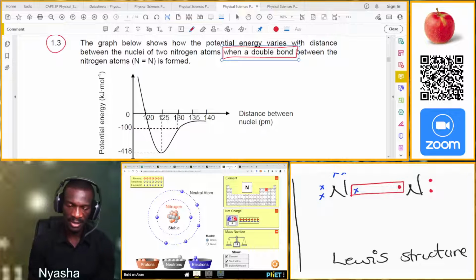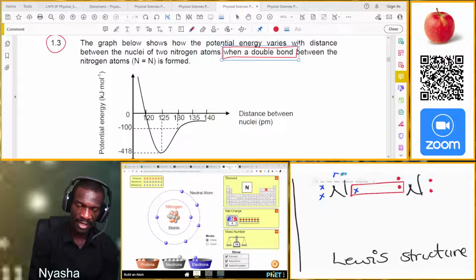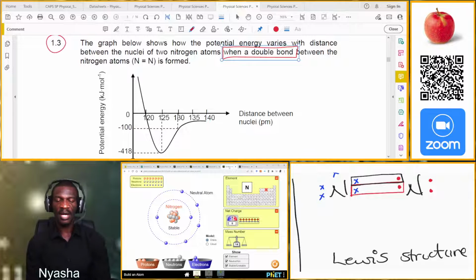The moment we bring this electron and that electron to participate in bonding, we have a second bond, right? So now we have a double bond.